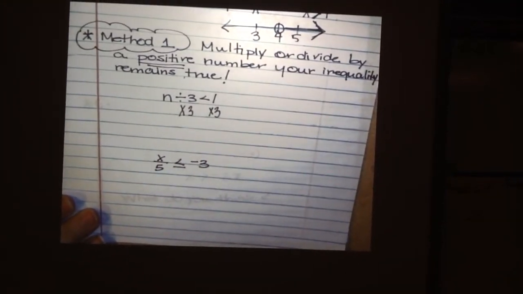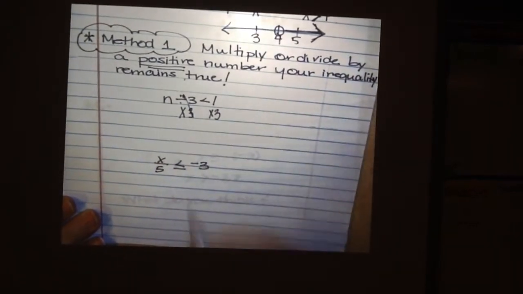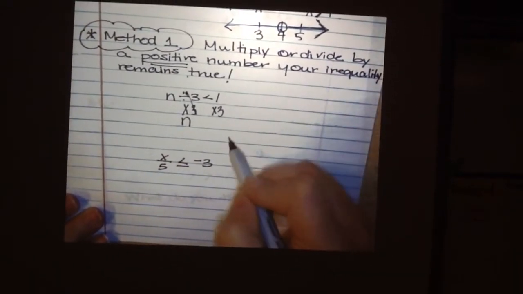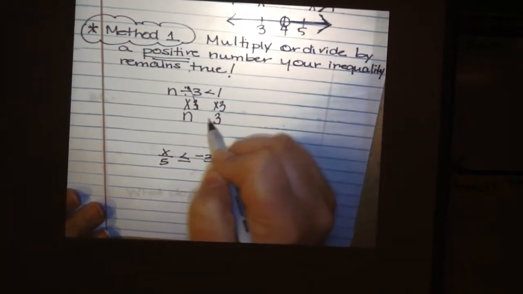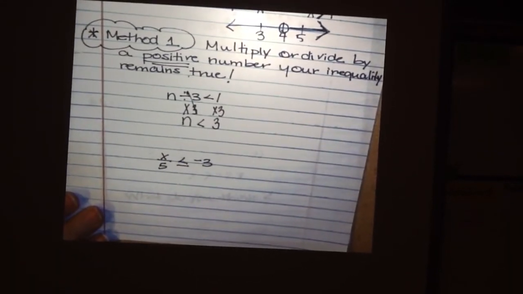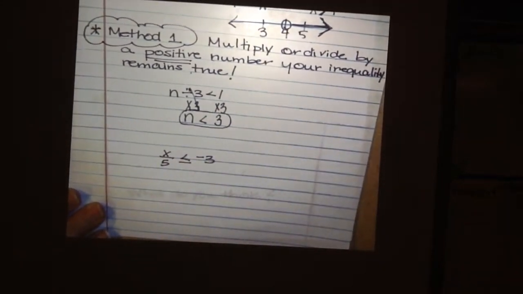Nothing changed. Okay? These cancel out, and we are left with n on the left side. 1 times 3 still gives us 3 with our sign in between. Okay, so our answer, n is less than 3.